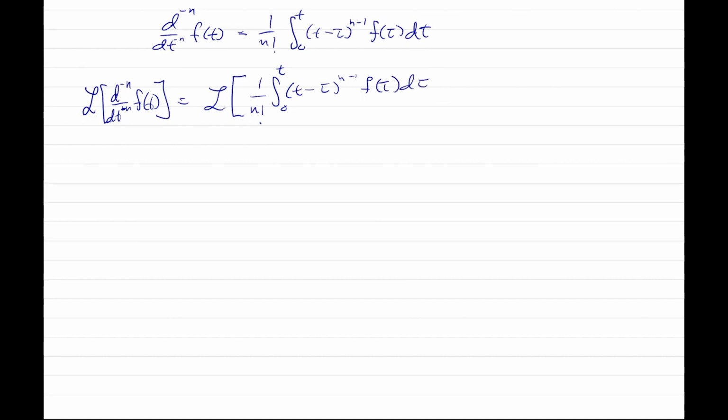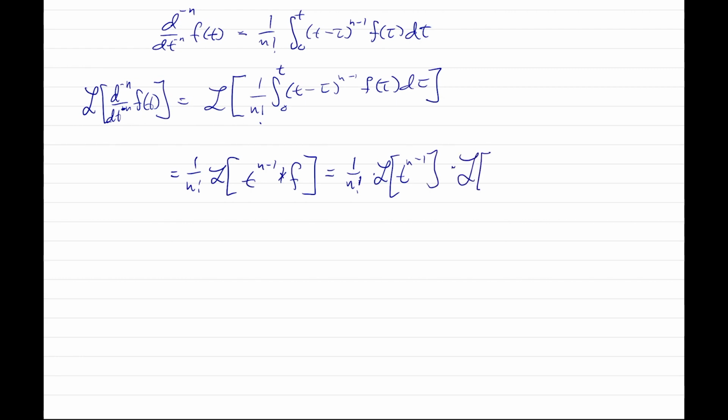Right? Now, we can obviously take the constant factor out, but something you notice is that this is actually a convolution. So I can write this as, say, 1 over n factorial times the Laplace transform of t to the n minus 1 convolved with f. And so this gives me 1 over n factorial times the Laplace transform of t to the n minus 1 times the Laplace transform of f.